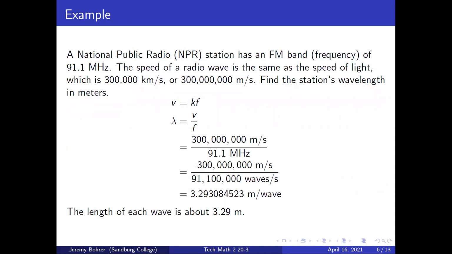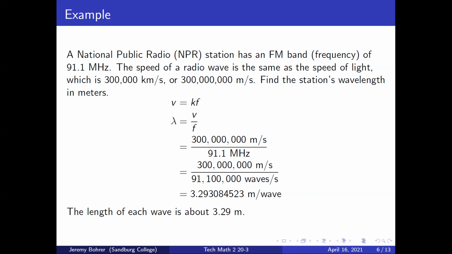A National Public Radio, NPR, station has an FM band frequency of 91.1 megahertz. The speed of a radio wave is the same as the speed of light, which is 300,000 kilometers per second, or 300 million meters per second. Find the station's wavelength in meters.